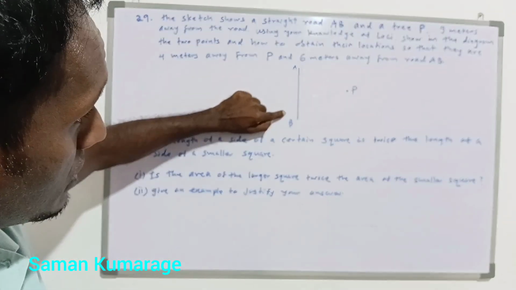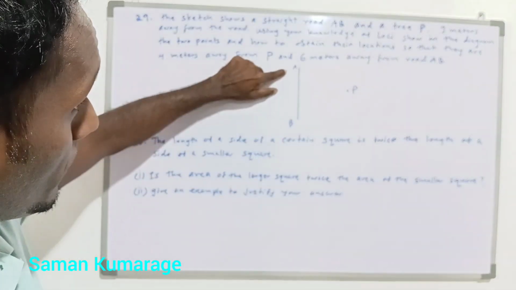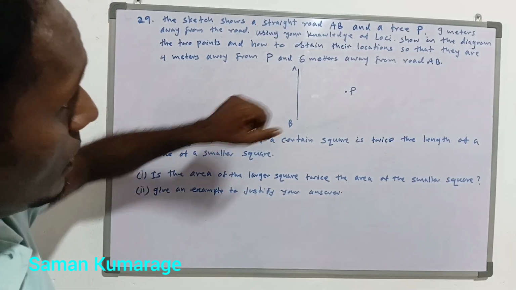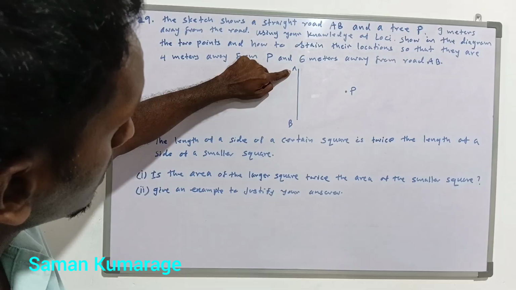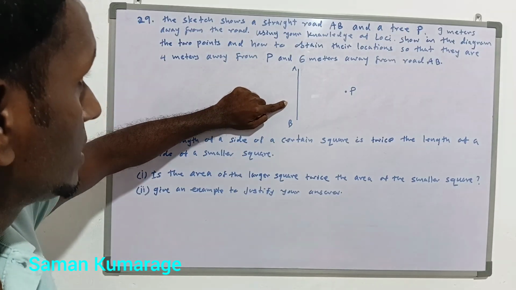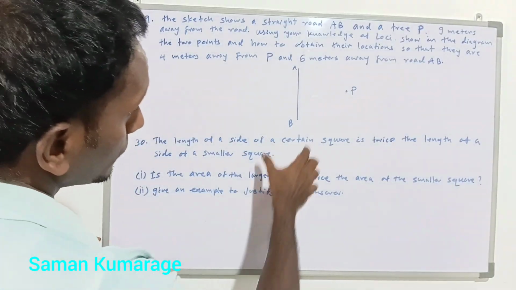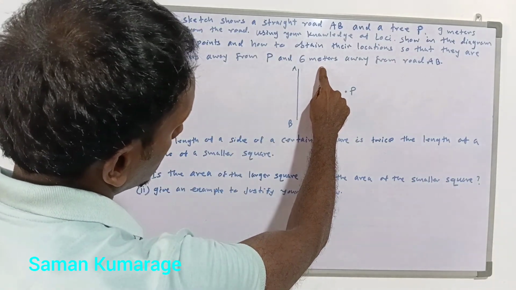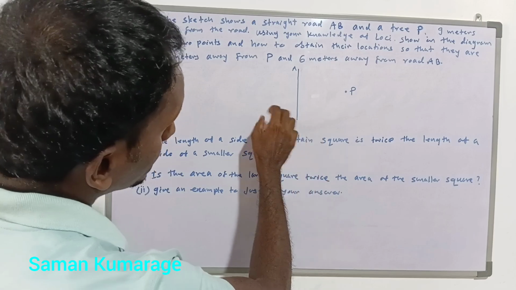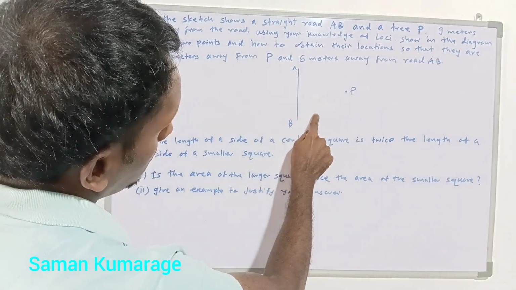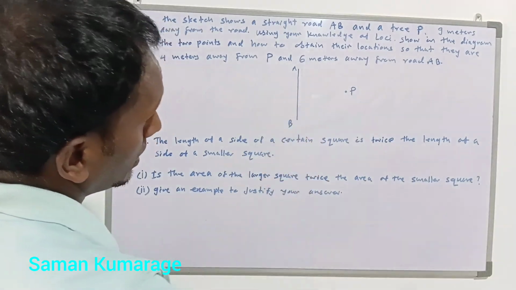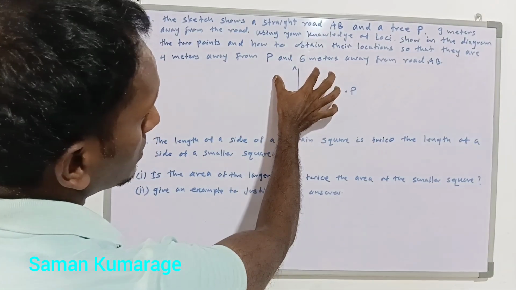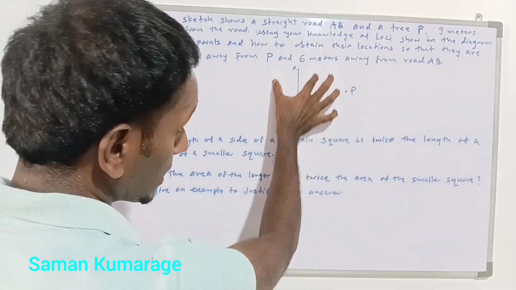So here we have a straight line and a point. The loci we have studied with respect to a straight line say that the locus of points equidistant to a given straight line is a pair of parallel lines.